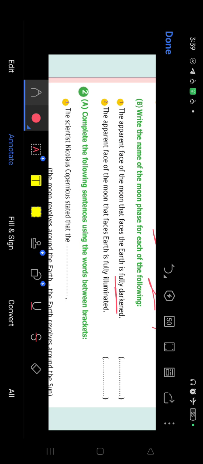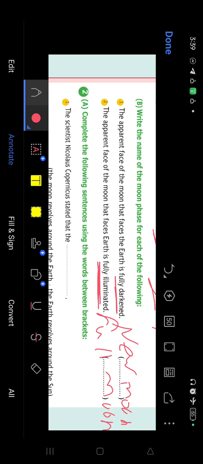At the end of the month? New moon. Yes, super. Number 2, the apparent phase of the moon that the earth sees fully illuminated. It will be full moon. Yeah, from the name.